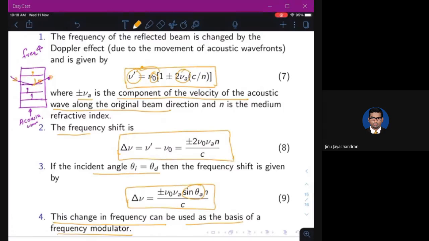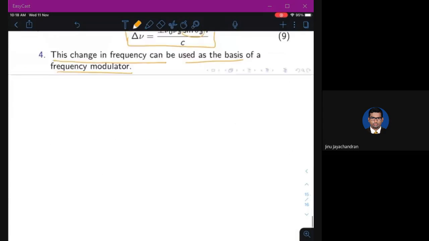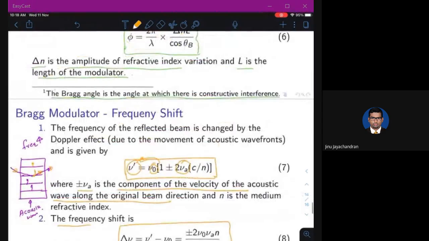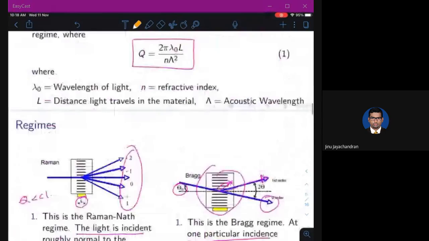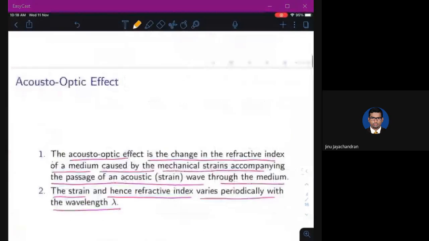So the frequency of the diffracted wave can be changed by changing the frequency of the acoustic wave, so that the output will have a different frequency compared to the incident wave. So that is regarding the Bragg modulator. This is a small topic, acoustic modulation, which I hope you have understood.